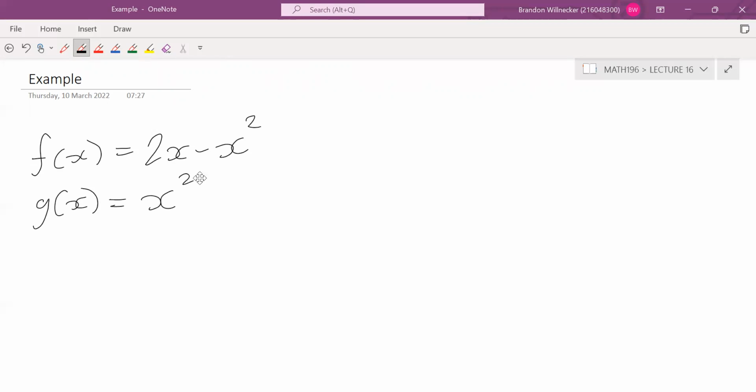Okay, now just by looking at this, we can see that f is a sad face parabola, okay, because it's got the minus x squared. So this is a sad face parabola, and it's going to look something like that. G of x is a happy face parabola, and it's going to look like that.